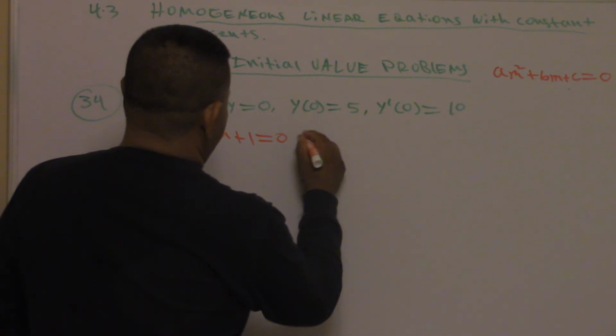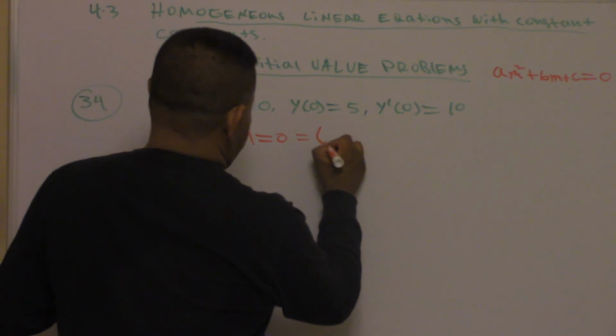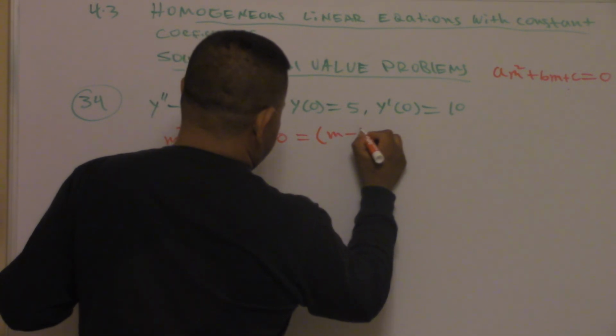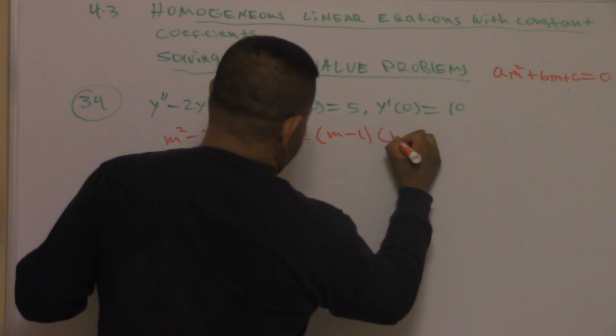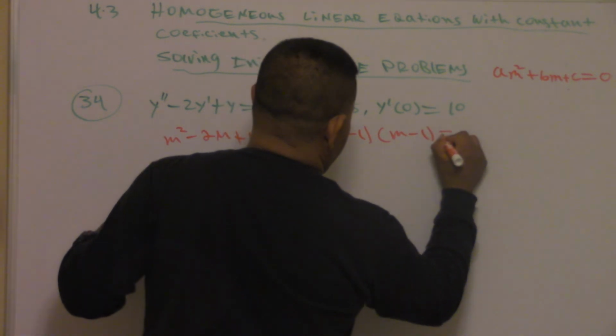Now I'm going to factor this and see what I get. If I factor this, I get m minus 1 times m minus 1 equals 0.